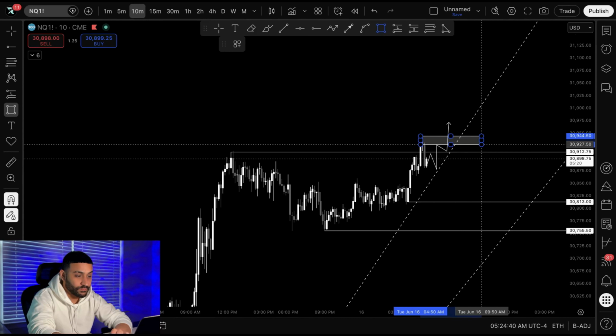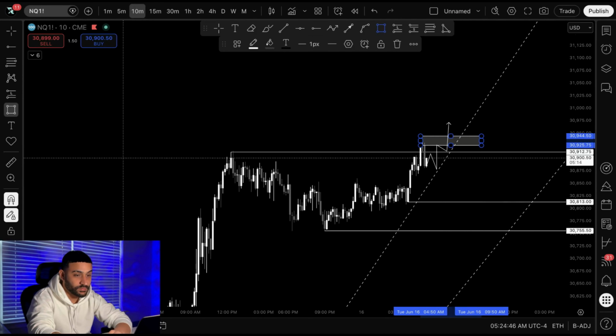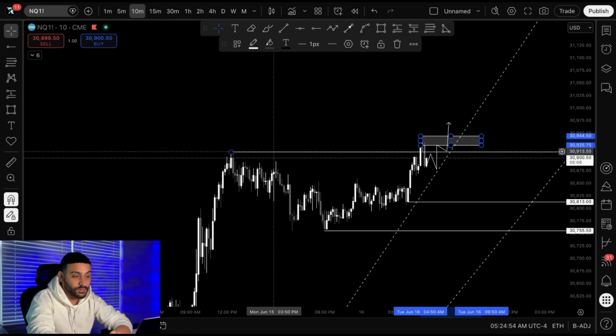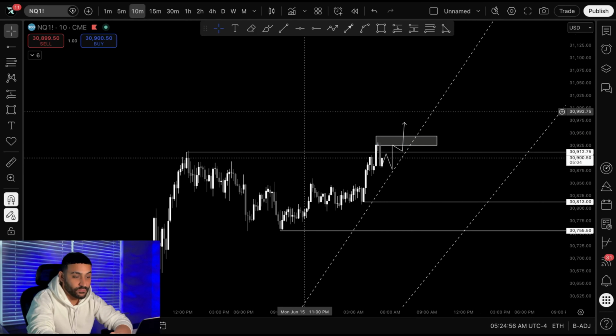I'd probably be looking for this trade, right? So I know that I have an area of interest to the upside between 925.75 and 944.50. That's essentially where I'd be looking for a trade at this moment.